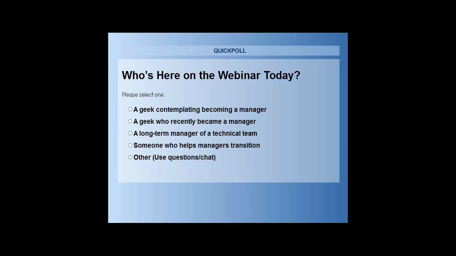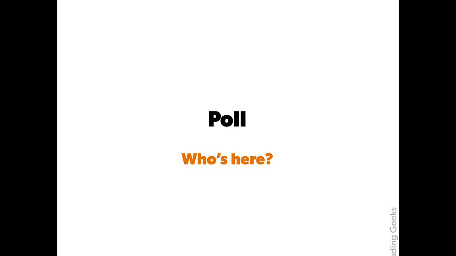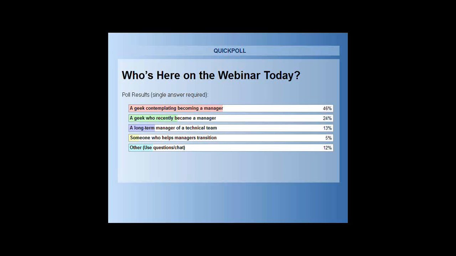Yeah, we have around 46% people saying a geek contemplating becoming a manager. 23% are saying a geek who recently became a manager. 12% are long-term managers of a technical team. Somewhere around 5% for someone who helps managers transition, and around 12% have opted for the option other.